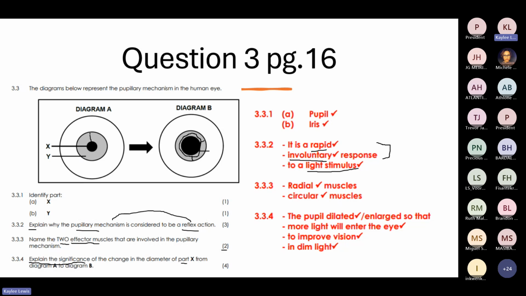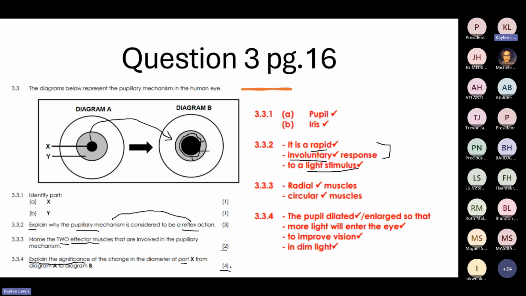That's essentially what you need to describe, not how it happens. So not describe the change in diameter. That's not what they're asking. They're asking, explain the significance of the change. In other words, why it is important it undergoes that change. All right, and it's for 4 marks. So this is where you need 4 facts.